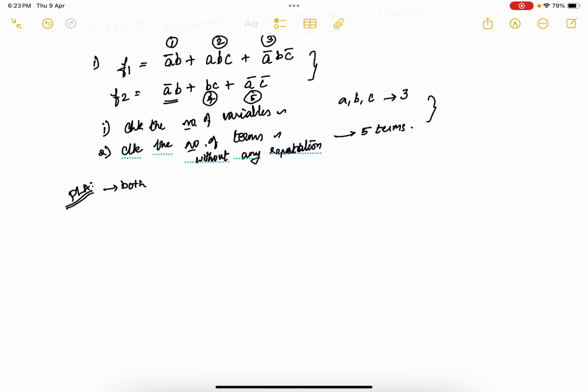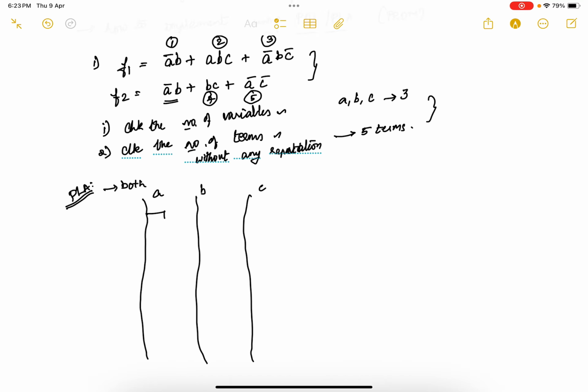The number of variables here is 3. So if there are 3 variables, first you draw 3 vertical lines. I am going to draw 3 vertical lines for 3 variables: one is A, another is B, another is C. And draw the complement part for each variable.